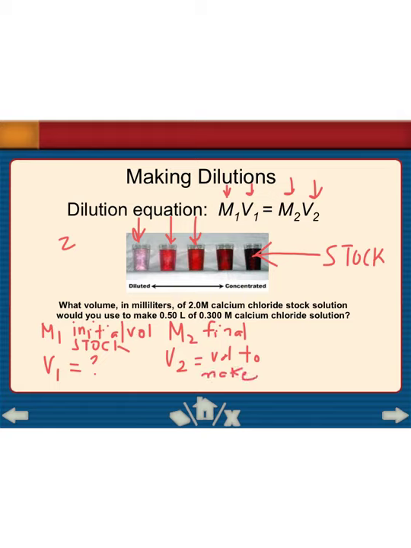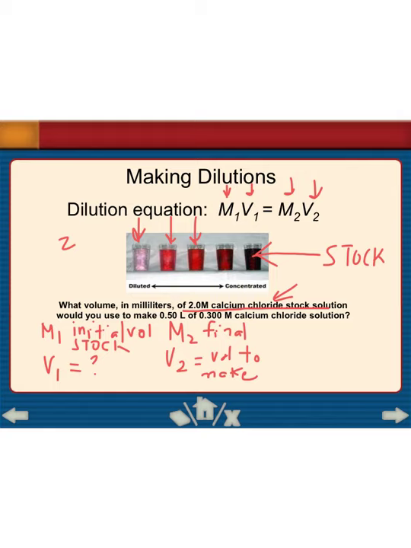Okay. So basically, this problem says, what volume in milliliters of 2.0 molar calcium chloride stock solution would you use to make 0.50 liters of 0.300 molar calcium chloride solution?